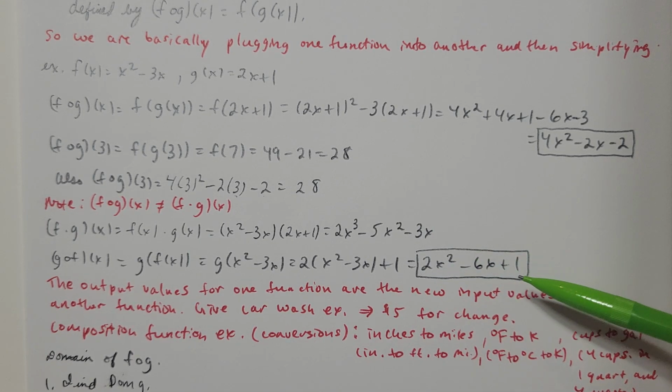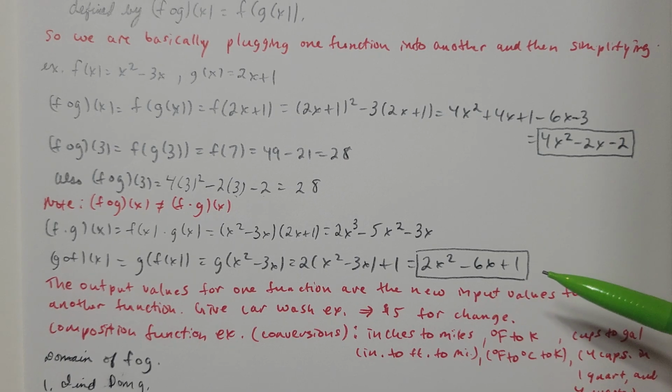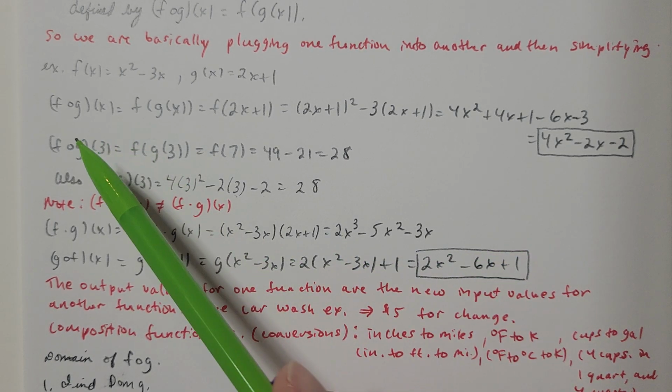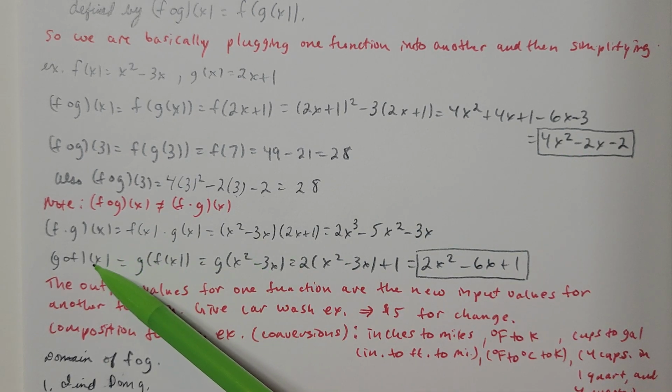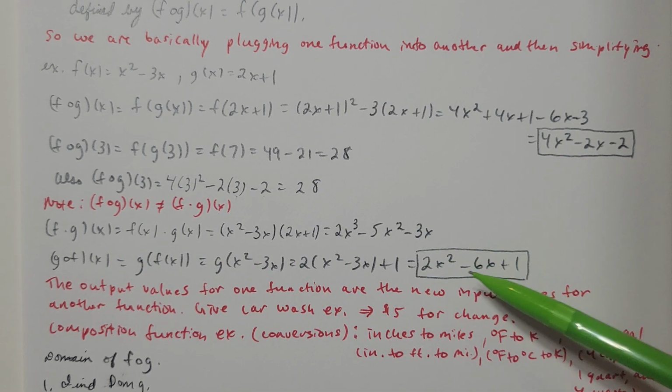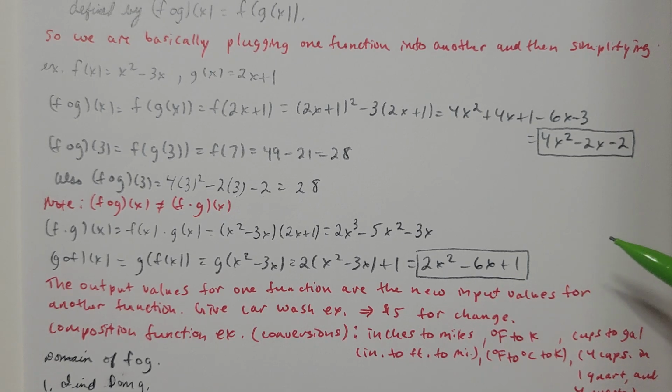Okay, now something else to point out here. Notice how that f composed g of x is not the same thing as g composed f of x. You get two different results there, okay? Now, sometimes it will happen where these are the same thing, okay? When that happens, it's special because f and g are called inverses of each other.